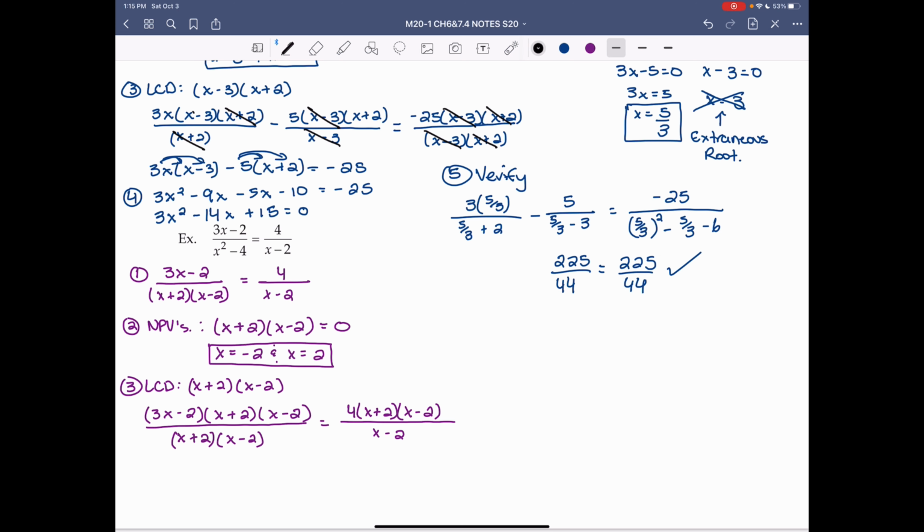In the first fraction, x plus 2 divides with x plus 2 and x minus 2 divides with x minus 2. In the second fraction, x minus 2 and x minus 2 divide. We're left with 3x minus 2 equals 4x plus 2.